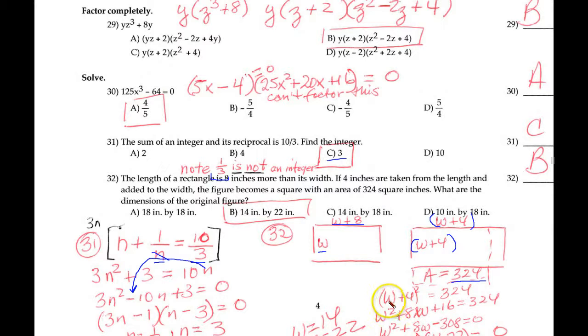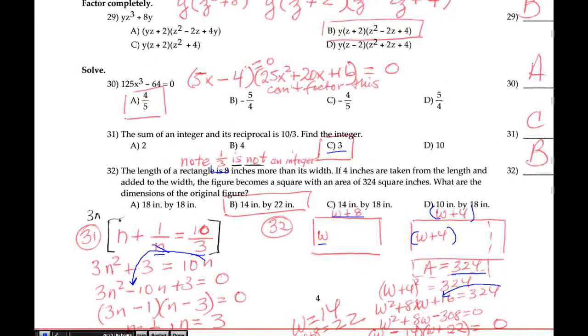So we FOIL this out and get a perfect square trinomial equals that. We integrate that to the other side. Gives us that. We factor that, and I guess we don't see that here. I gotta move that down here. There we go.